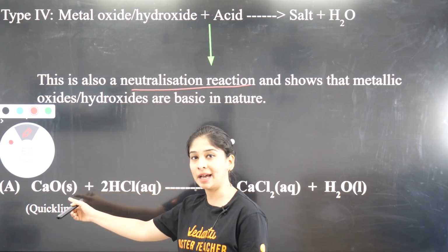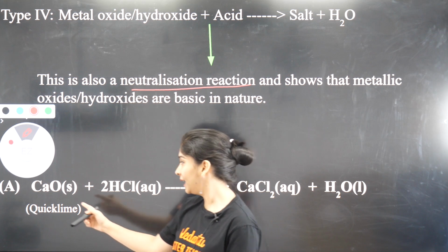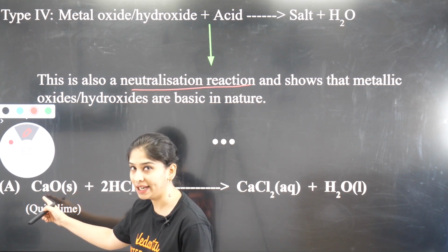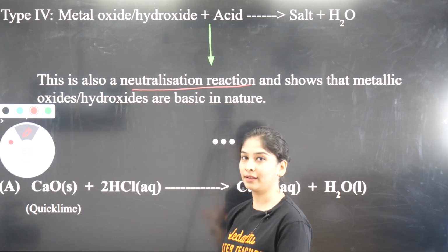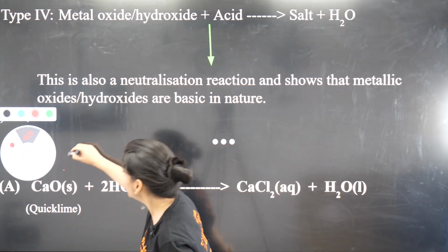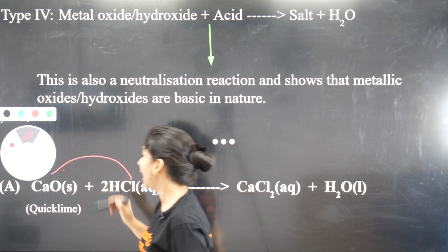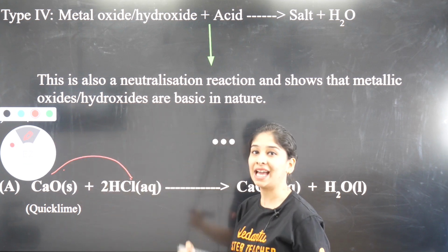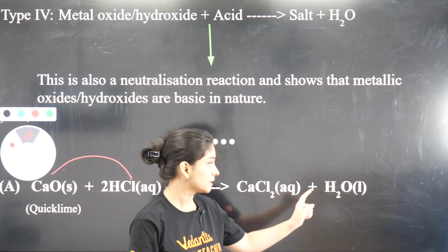I have taken one example, calcium oxide, which is also known as quicklime. So calcium oxide is a metallic oxide. I have treated it with dilute HCl. What is happening? Calcium is going with chlorine, and it is going to give you nothing but calcium chloride as well as H2O, that is water.